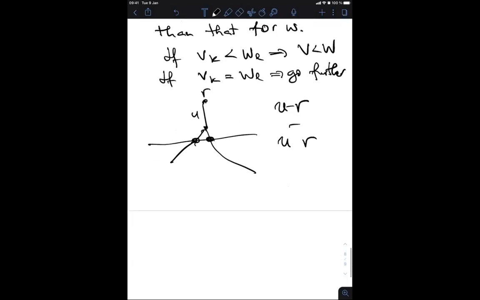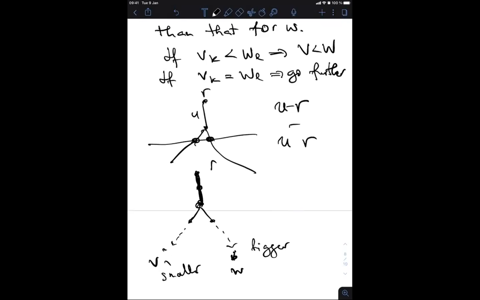If they are the same, our paths connecting V and W to the root have two equal edges at the end. But since these are distinct vertices, at some point they should split. And when they split for the first time, we have to look at which of those guys was bigger than the other one. We'll say if this is smaller, then this vertex is smaller, and this vertex is bigger.